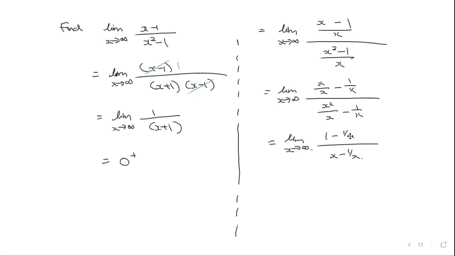Now that means that when x approaches infinity, the 1 over x goes to 0. So this approximates 1 minus 0 over x minus 0, which basically means it's 1 over x as x goes to infinity, which again goes to 0 plus.